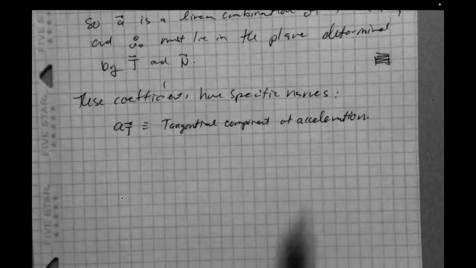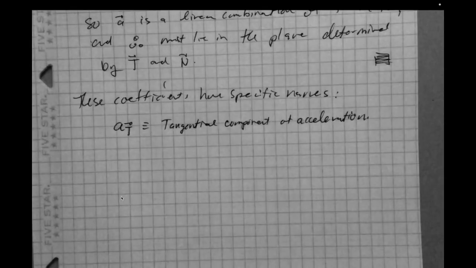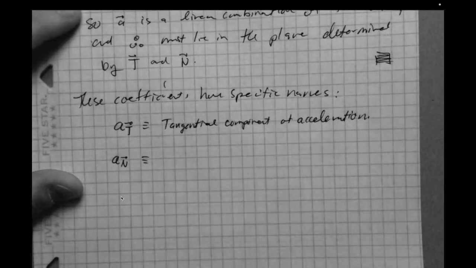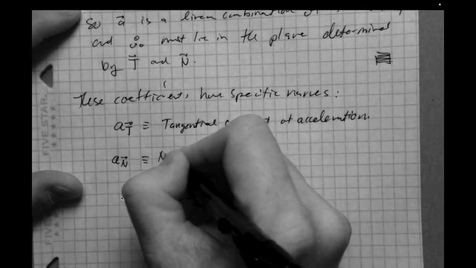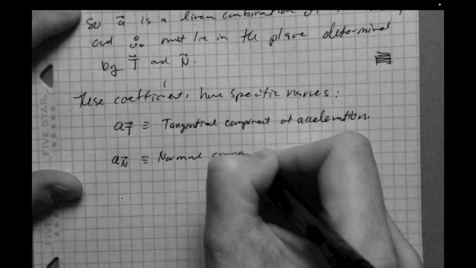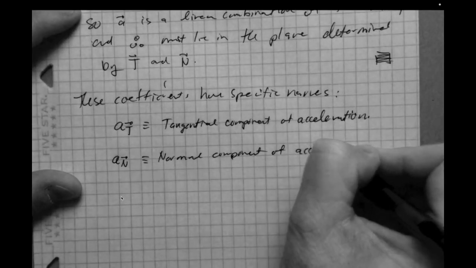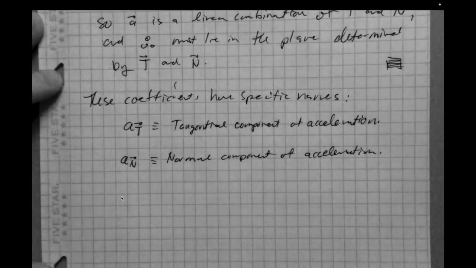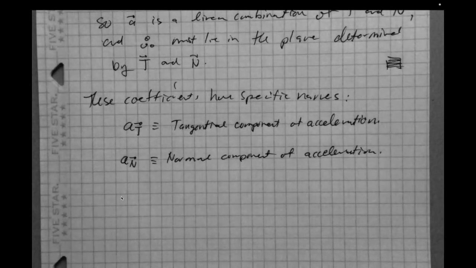That's going to be the component of acceleration that tends to act in the direction of velocity or in the direction counter to velocity. And then a of N is of course going to be called the normal component of acceleration. This is going to be the piece that doesn't impact the magnitude of velocity. It's certainly going to influence the direction that velocity is taking, but it's not going to impact the magnitude of the velocity.